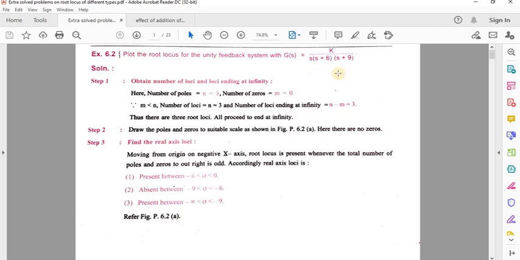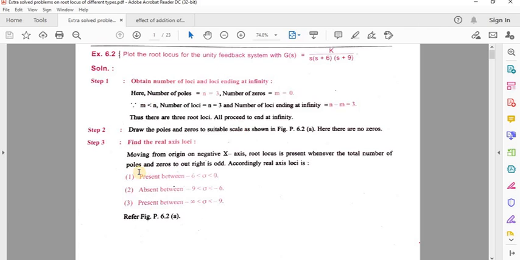Here there is no zero, there are three poles, so the number of loci is 3. The number of loci ending at infinity is n minus m, equal to 3. So there are 3 root loci, all proceeding to end at infinity because there is no zero, there is no interruption to the loci.